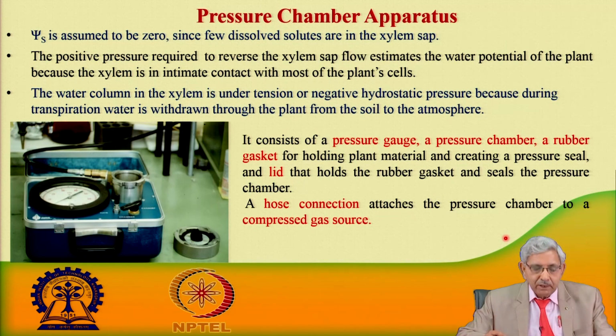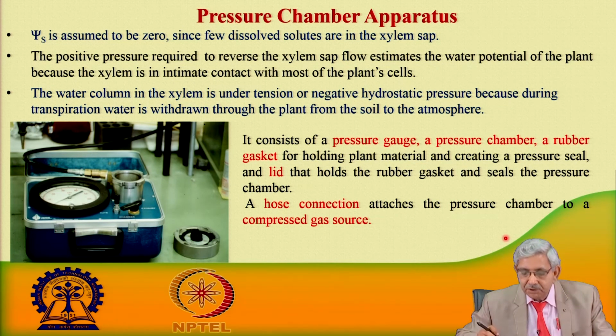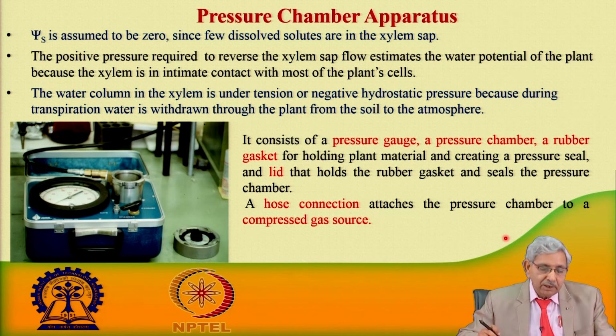So, the pressure chamber apparatus assumes the solute potential is 0, since few dissolved solutes are in the xylem sap. The positive pressure required to reverse xylem sap flow estimates the water potential of the plant, because the xylem is in intimate contact with most of the plant cells.